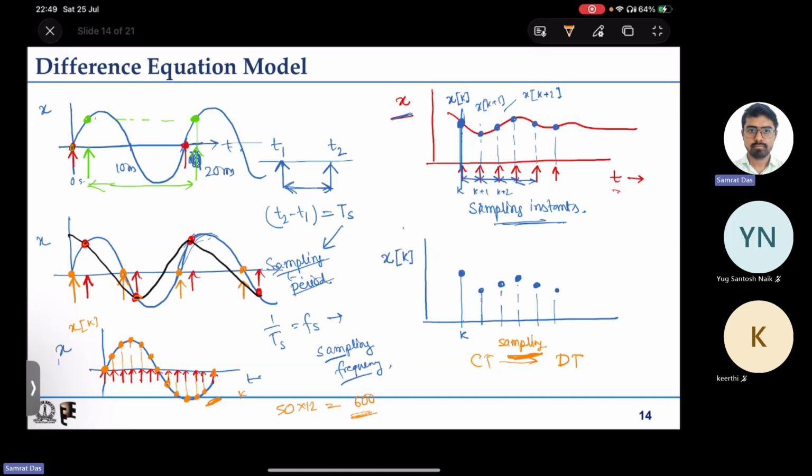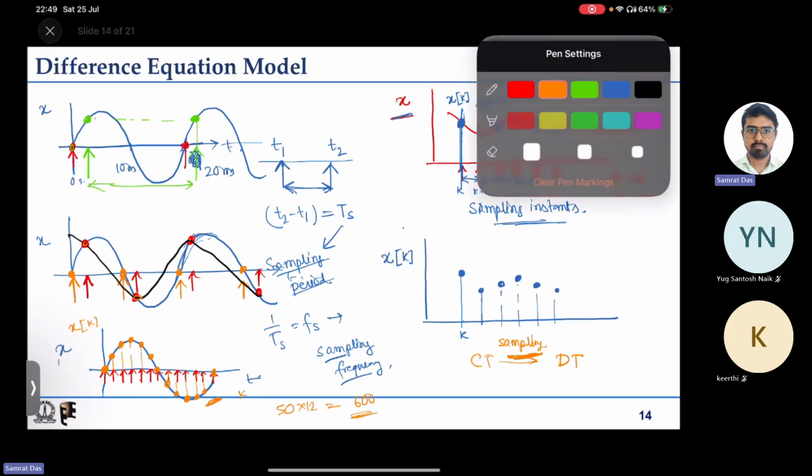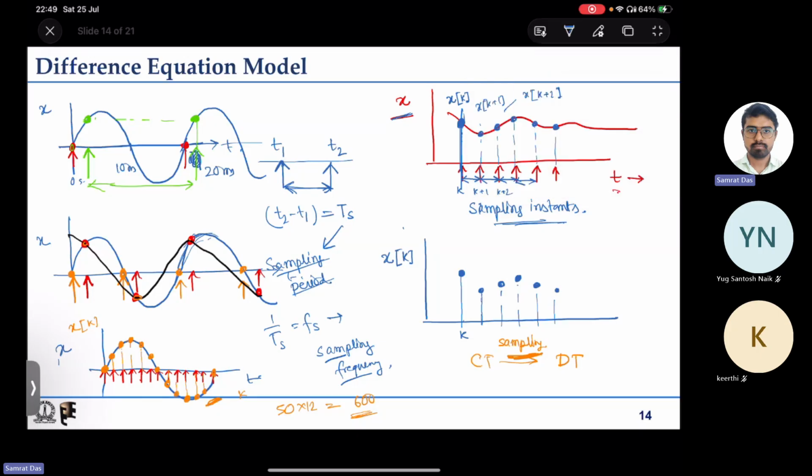It is better if it is more, at least 15-20 times. If it is 20 times, you can understand that there will be yet another sampling between the two sampling instances of the orange one. So it will be further refined as a sinusoid, but at least it has to be more than 10 times the frequency of our interest.